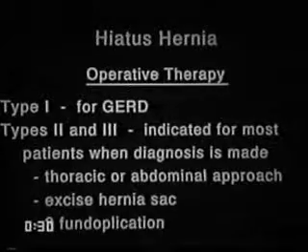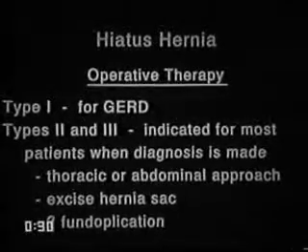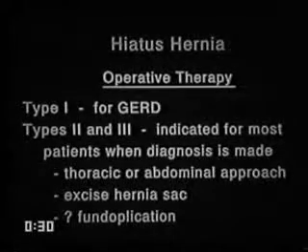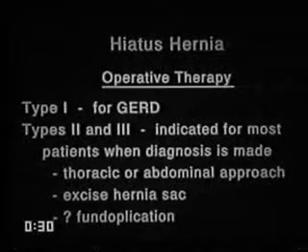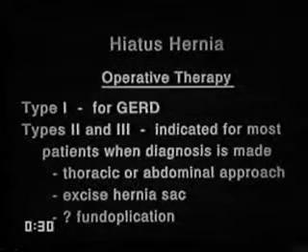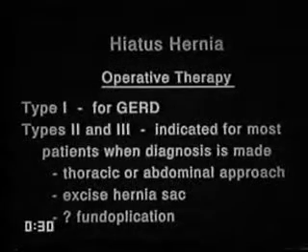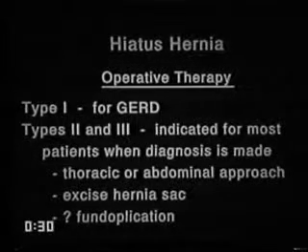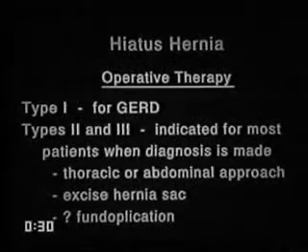So the indications for surgery, patients with type 1 hernia would be the same as for those for gastroesophageal reflux disease. If they have indications for surgery for reflux problems, then repair of the hernia is appropriate at the time of operation. It simply consists of mobilization of the esophagus and then doing a standard fundoplication operation.